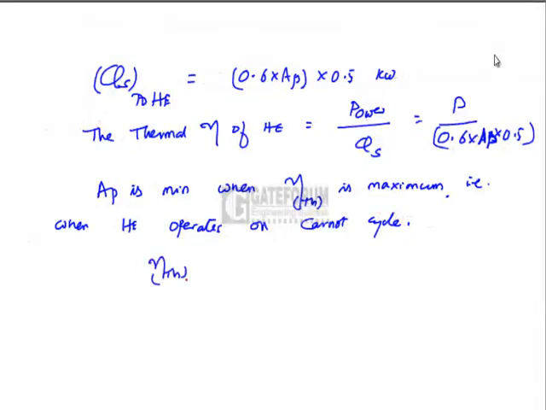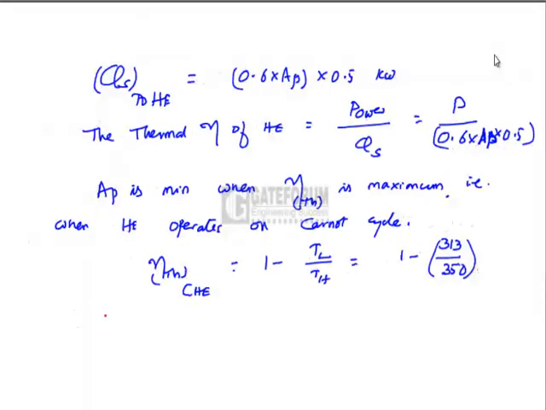Thermal efficiency of the Carnot heat engine is equal to 1 minus TL by TH, which are given as 1 minus 313 by 350. Both the temperatures are in Kelvin.